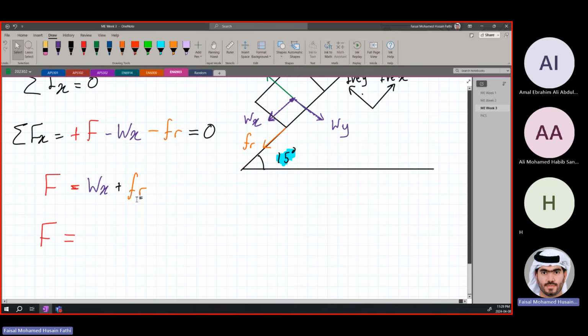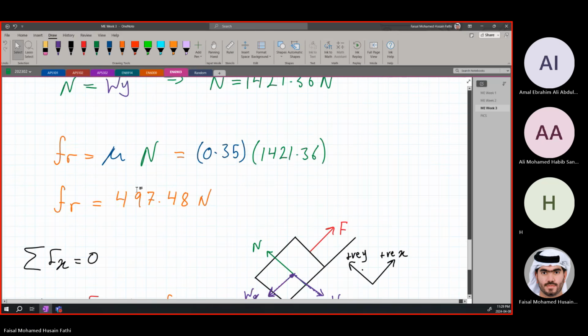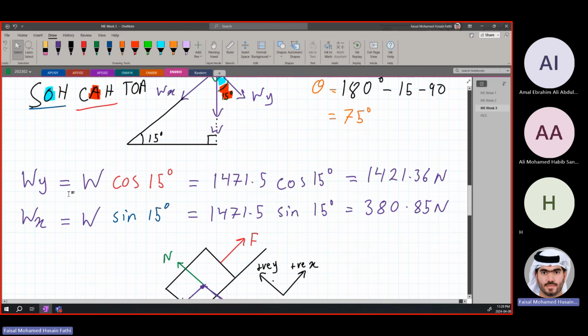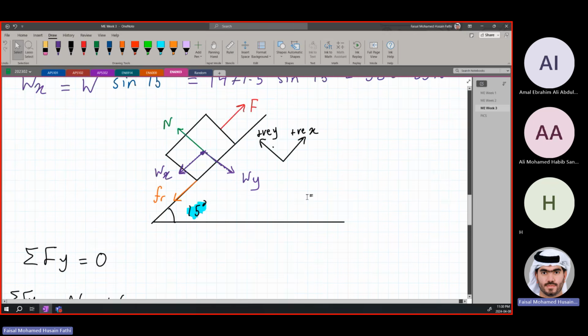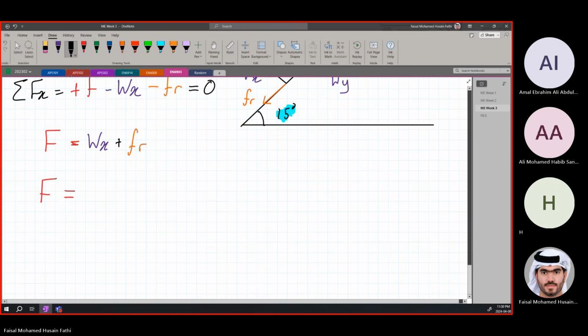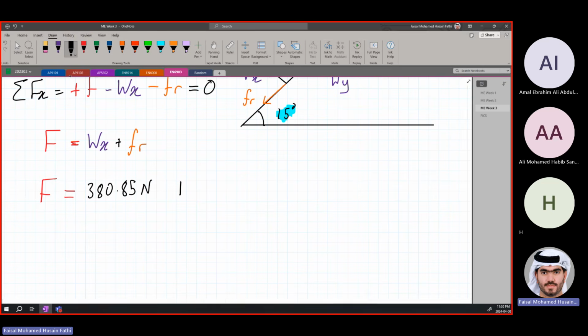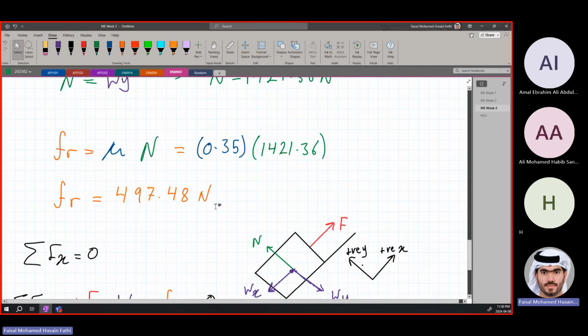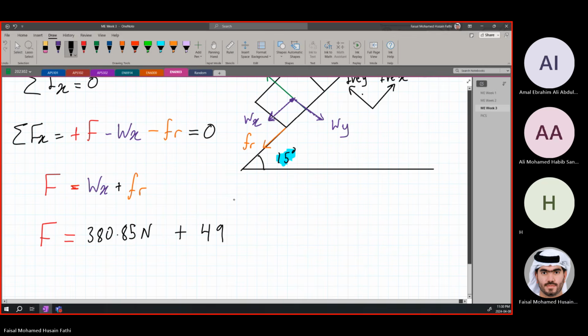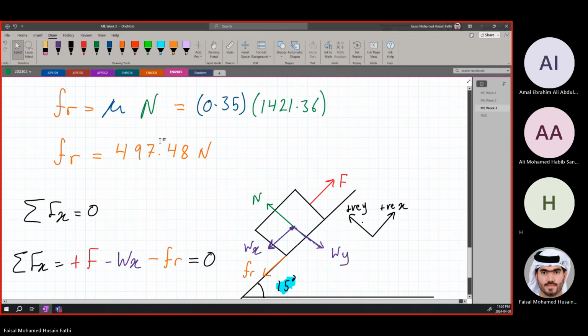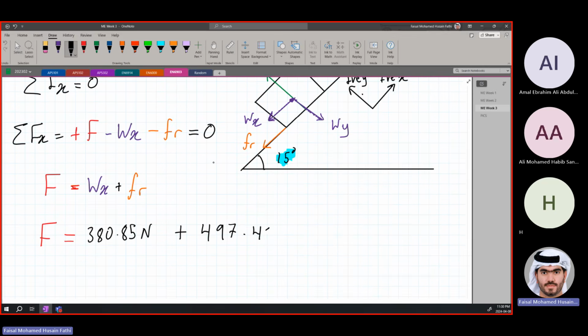For Wx plus Fr, we have the Wx that we calculated early on here, which is 380.85 newtons, plus Fr, which we found earlier to be 497.48 newtons.